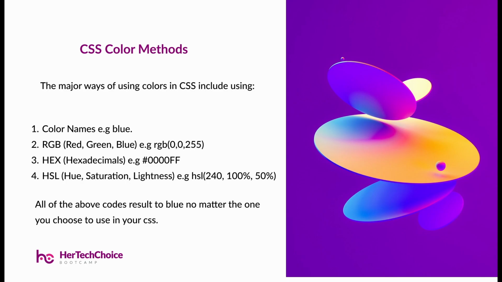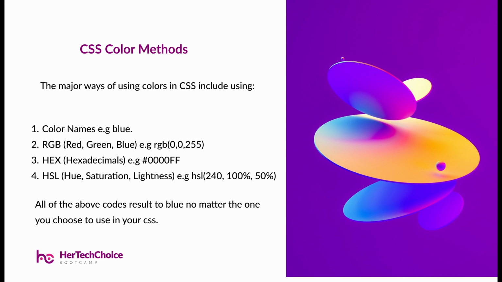So the next thing we'll be looking into is the CSS colors. There are different ways we can declare color values in CSS. We have different methods, ranging from using regular color names, just say, okay, property color equals blue, and that works. You can also use red, green, blue.